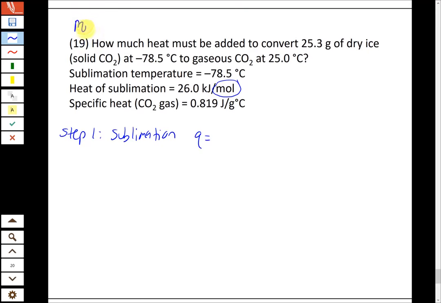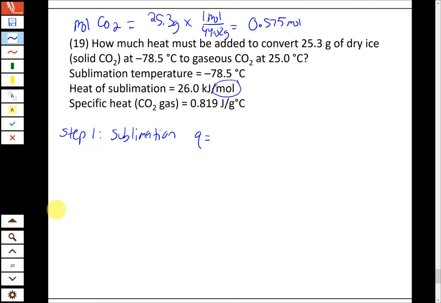So we have to calculate moles of CO2 that we have, because it's given in grams here again. So it's going to be 25.3 grams, and then the molar mass of CO2 is 44.02. So what I got was 0.575 moles.